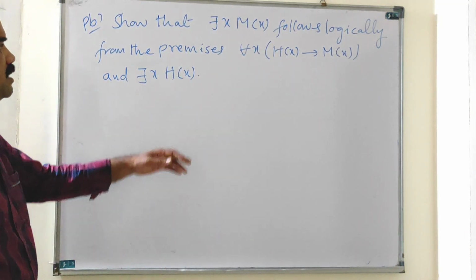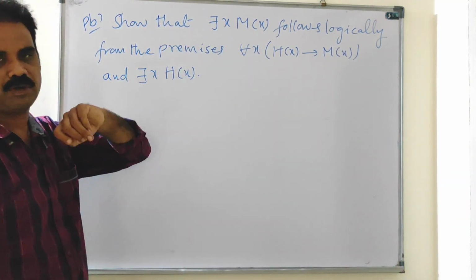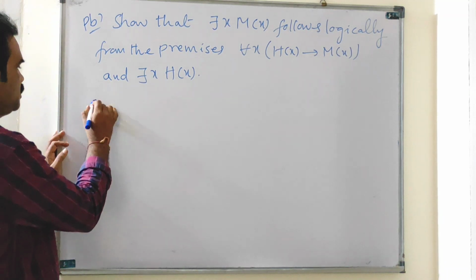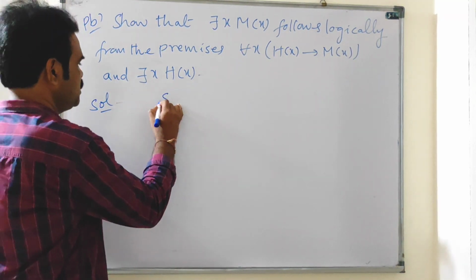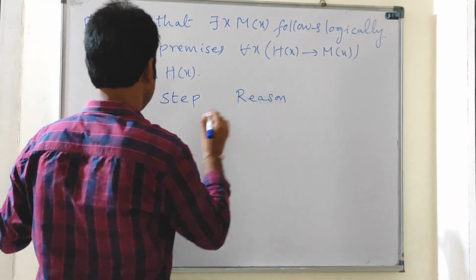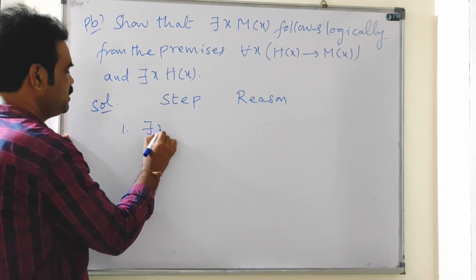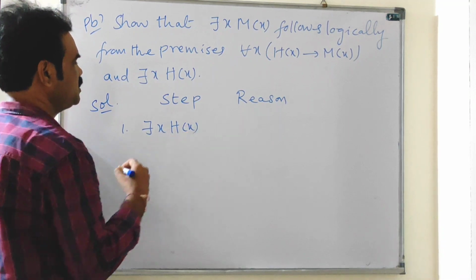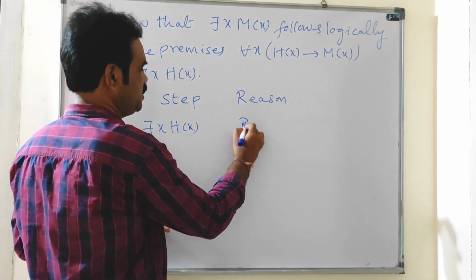Our conclusion is there exists x M of x. See the solution. Step, reason. Step 1: there exists x H of x. Since this is in given premises, the reason is rule P.